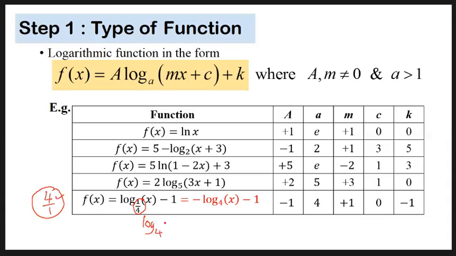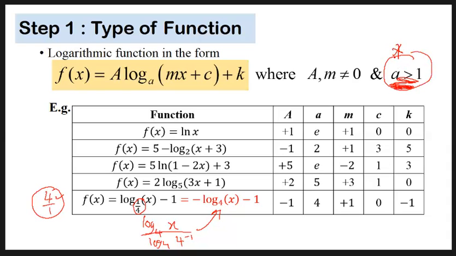So we go for log base 4 of x over log base 4 of 4 to the power of minus 1, since 1 over 4 is 4 to the power minus 1. As you can see now, it fulfills the form that we want for the type of functions, with the base number greater than 1.